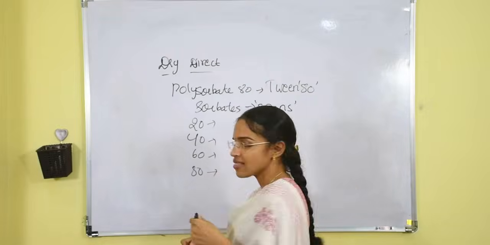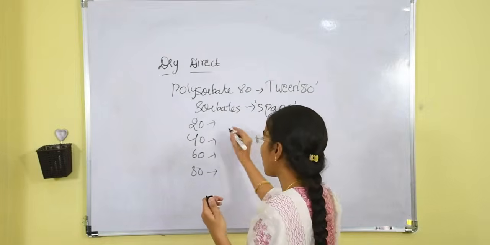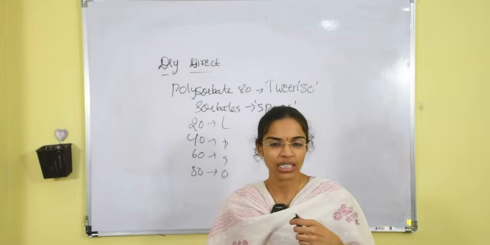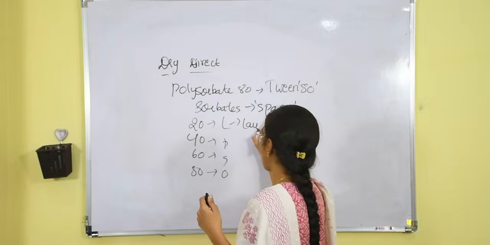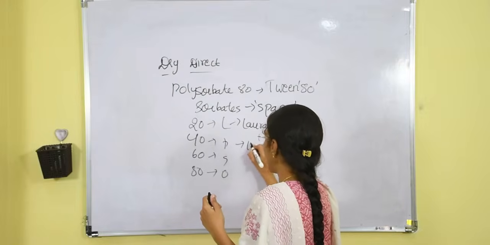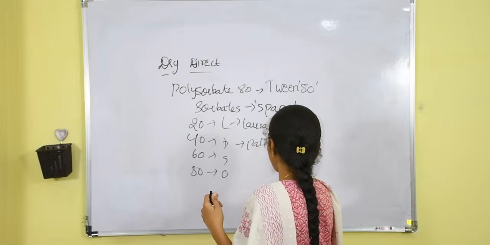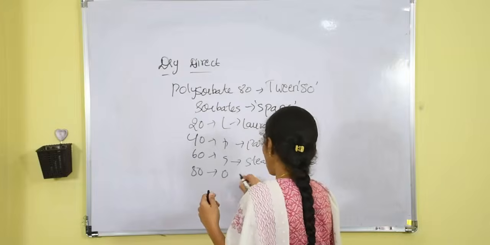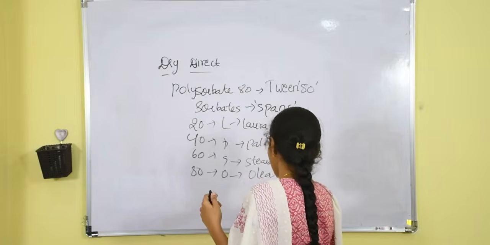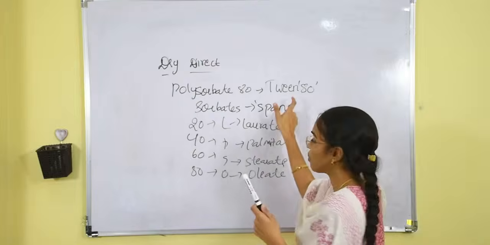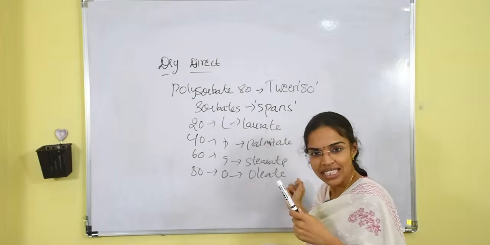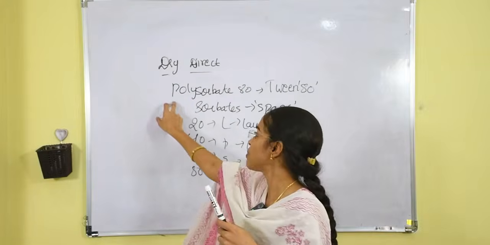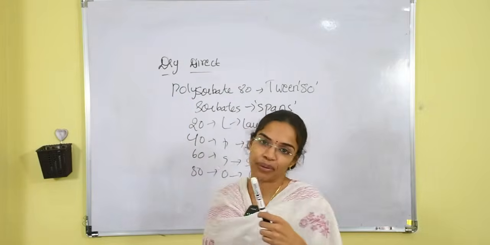The fatty acids involved here are, for 20, 40, 60 and 80, LPSO: L is laurate, P palmitate, S stearate, and O is oleate. The same is applicable for Spans also. Both for Tweens and Spans the grading, 20, 40, 60, 80, is one and the same, except for their chemical name.